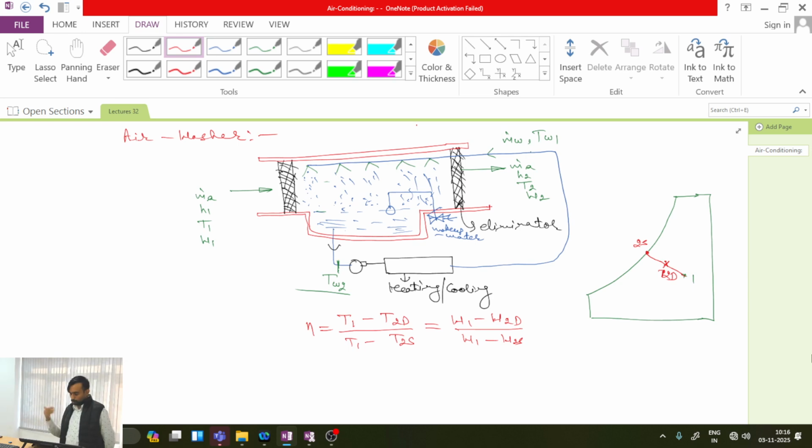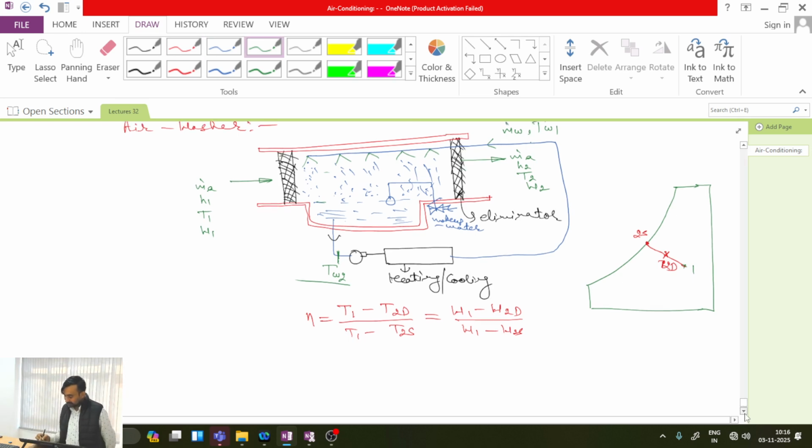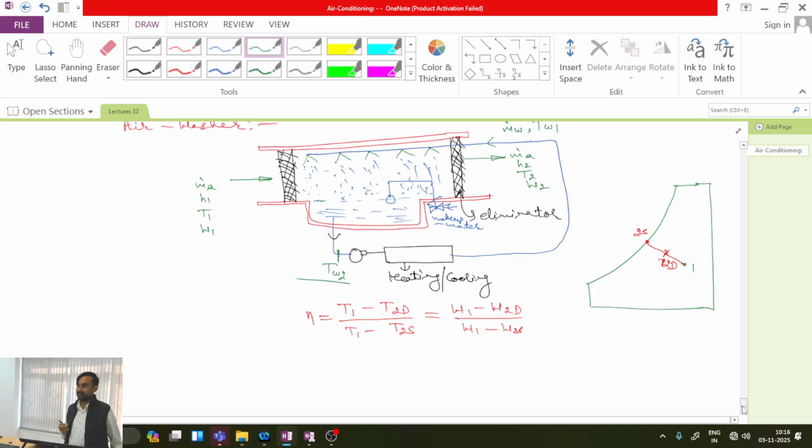Okay, so to understand all these processes which we can achieve, let us first do the energy balance across this. If I take this as a control volume, this is my control volume. In this control volume, what is happening? M dot A amount of air is coming in with enthalpy H1.